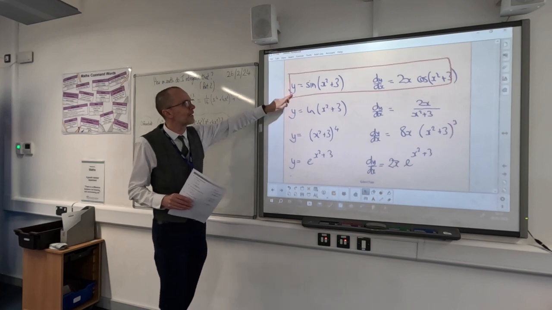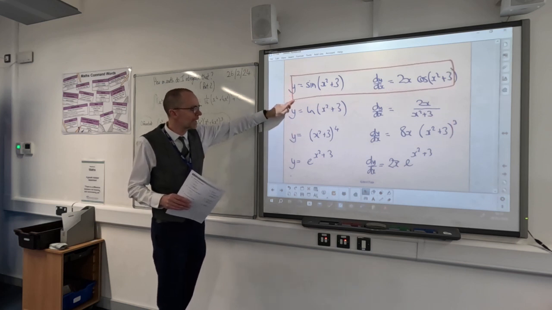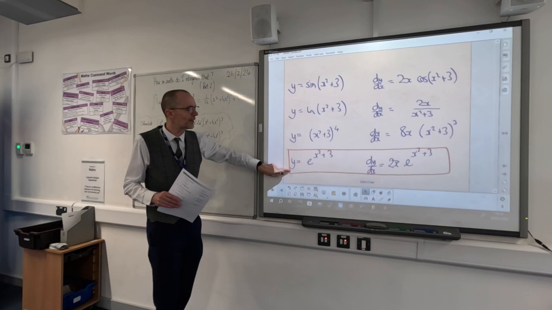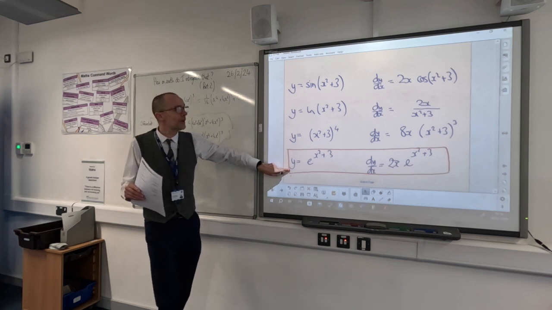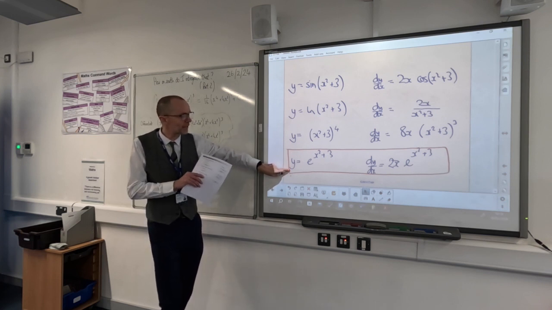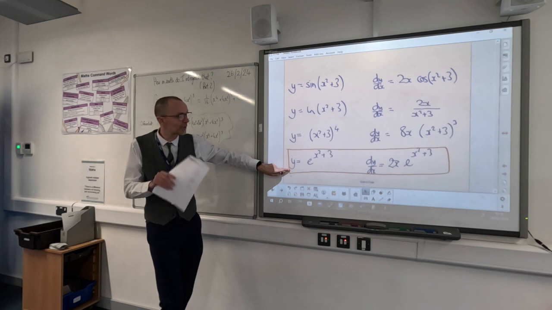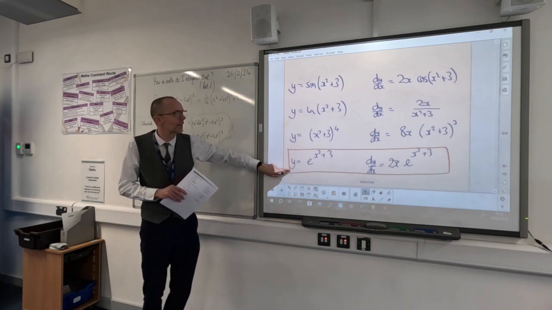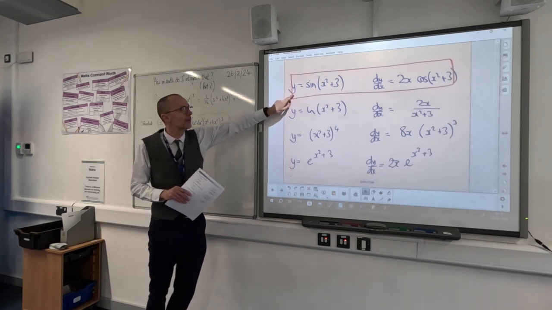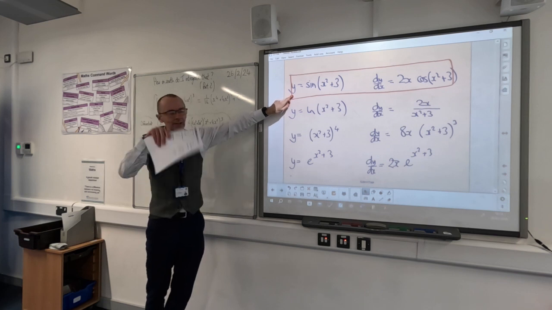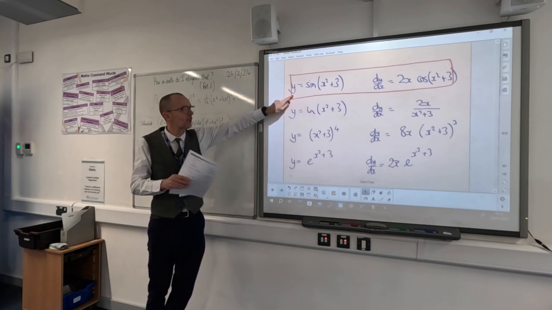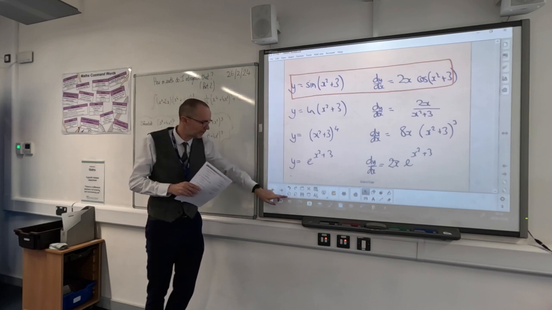But we get a similar thing with trig. We get a similar thing with powers of e. Remember, when you differentiate a power of e, the power doesn't change, but you still multiply by what you get when you differentiate the power. And here, when you differentiate trig, you've got to go around your circle, but you still multiply by what you get when you differentiate the bracket.